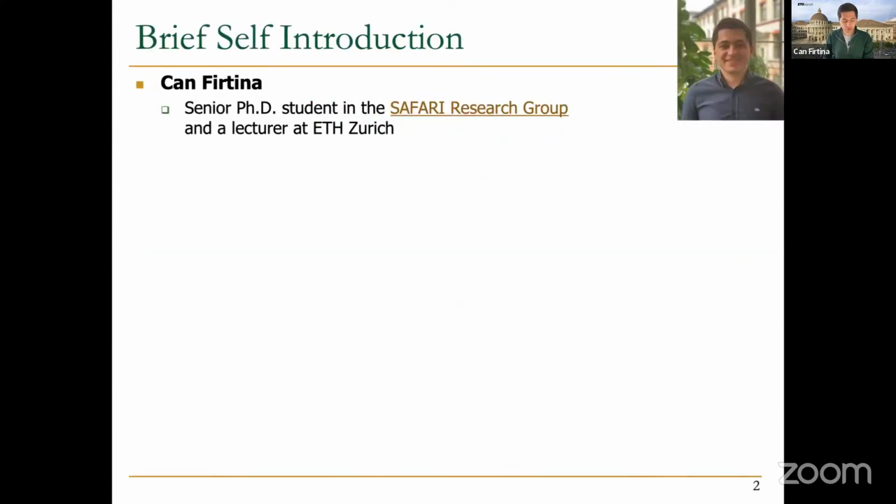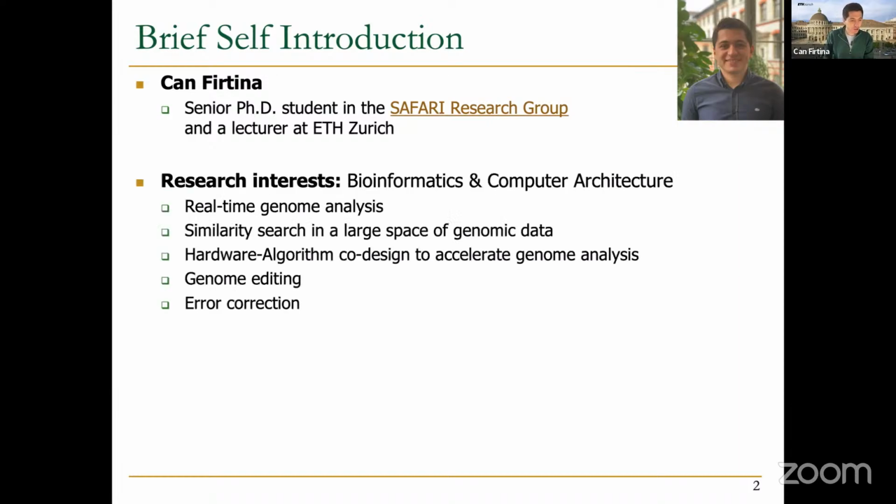So I'll first start by introducing myself. I am Can. I am a senior PhD student in the SAFARI research group, and I'm also a lecturer at ETH Zürich. My research interest usually lies in the intersection between bioinformatics and computer architecture. What I mean is I'm interested in designing algorithms as well as architectures for, for example, real-time genome analysis.